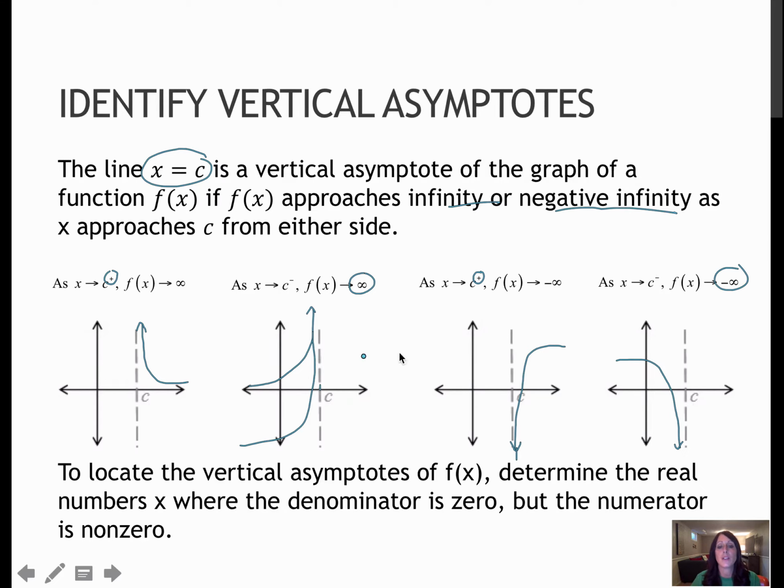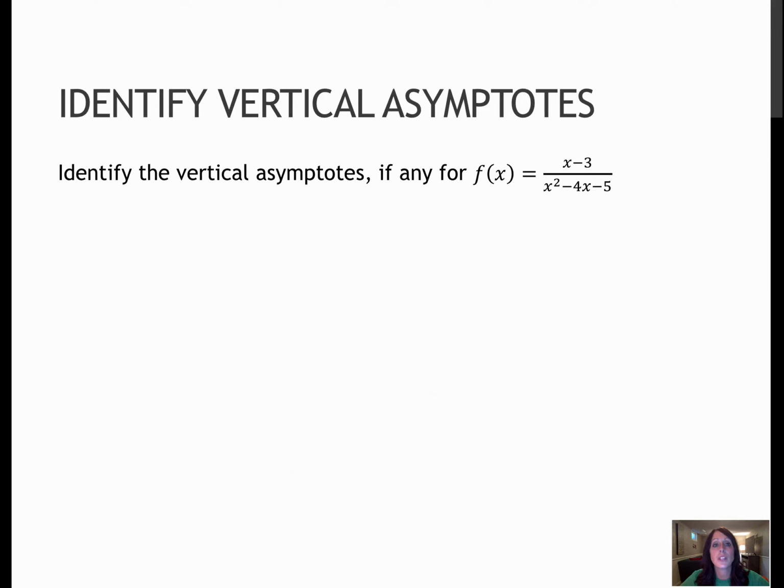In order to find those values, we have to determine the real numbers where the denominator is 0, but the numerator is not 0. Let's try this first one together. We're trying to find the vertical asymptotes, and the way that I would go about that is the same way that I would go about restricting my domain. I would set my denominator equal to 0 to find the values that x cannot be, because that's going to help me to know where the asymptote should be.